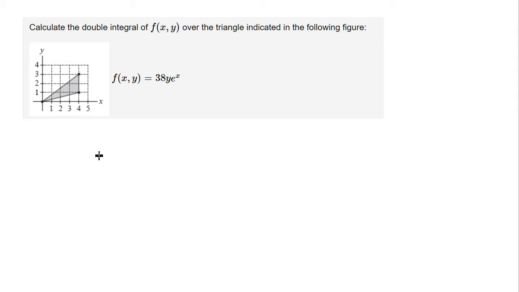This time only the domain is pictured, so you have to figure out all these bounds. And I would say because you have this vertical side, painting this vertically upwards is easier.